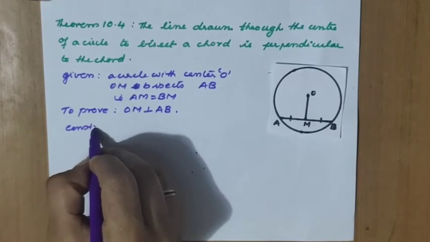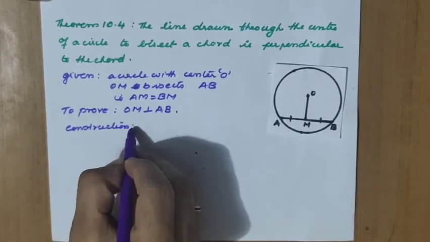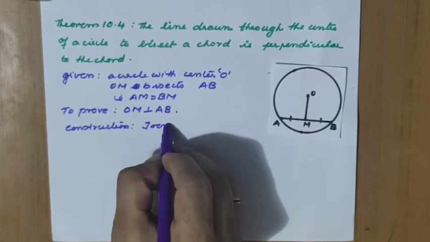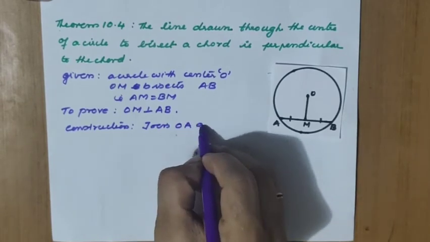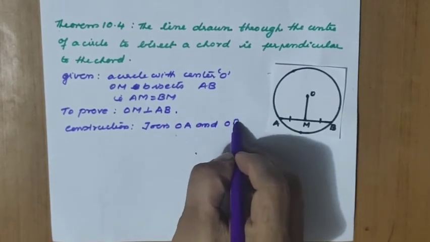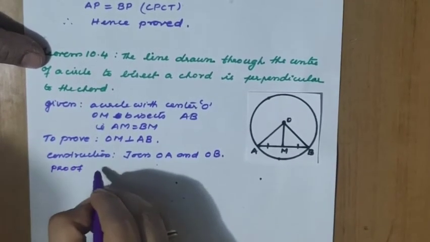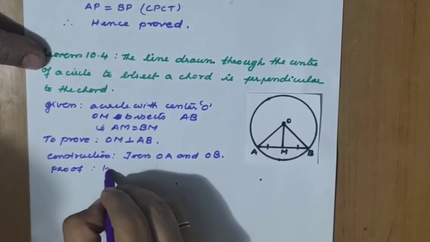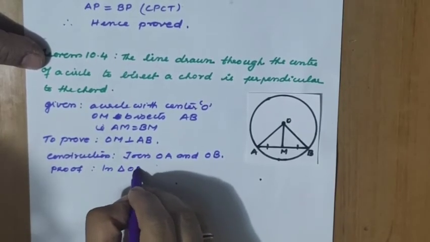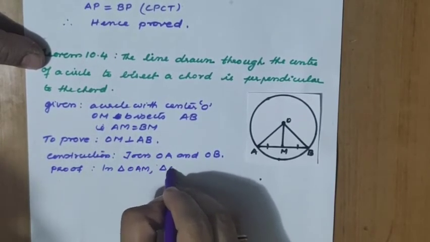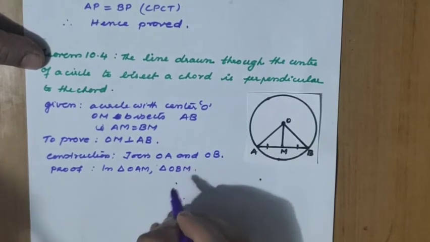Construction. This time also same construction only. Join OA and OB. So after joining the OA and OB, you can see that we are getting two triangles, OAM, first triangle, and the second triangle is OBM.